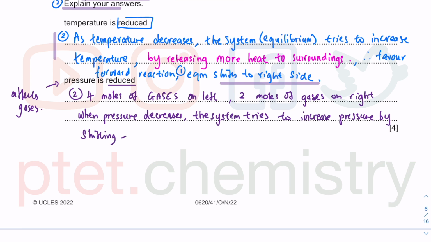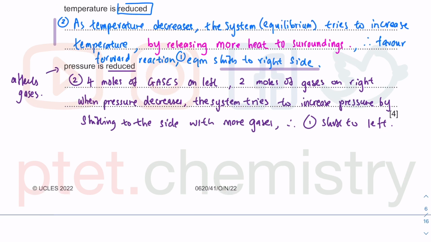By shifting to the side with more gaseous molecules, there will be shifting to the right hand side? No, they'll be shifting to the left hand side, because you want to shift to the side with more gaseous molecules. So I will shift to the left hand side, favoring the backward reaction. That's it for that 4 marks reversible changes question.